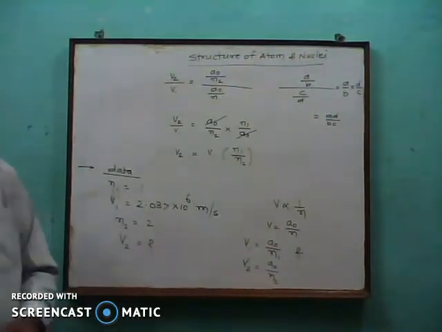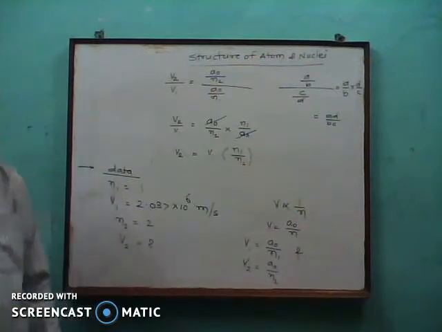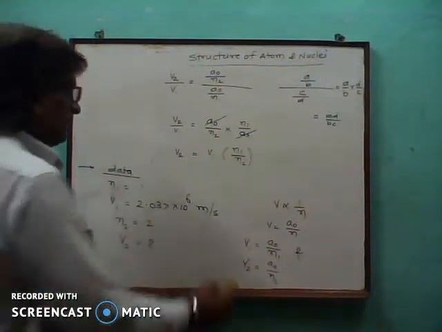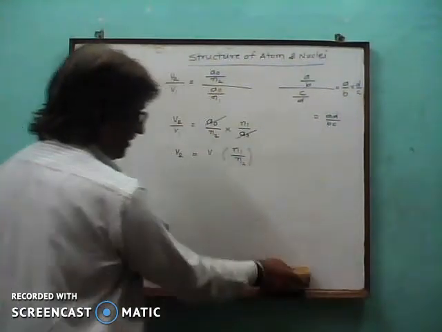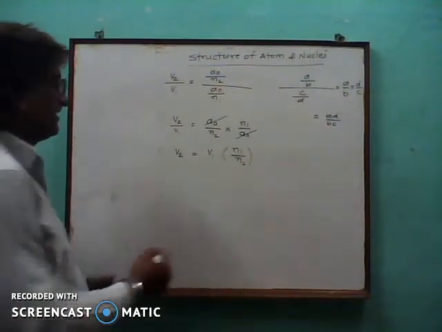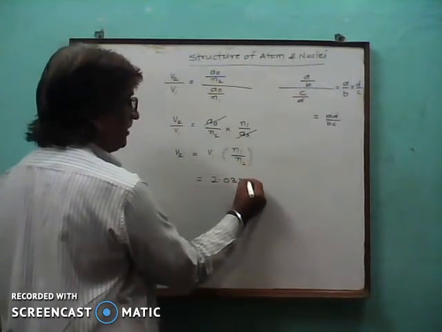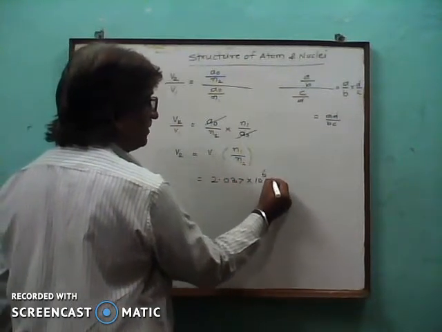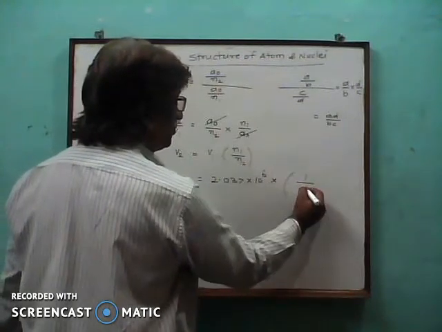Substituting the values of V1, n1 and n2: V1 is 2.037 into 10 to the power 6, multiplied by n1 is 1 upon n2 is 2.